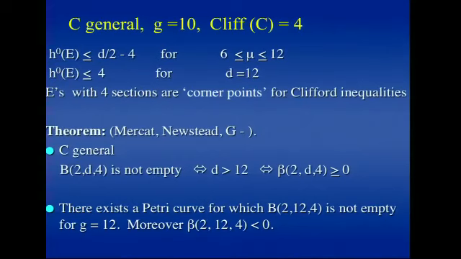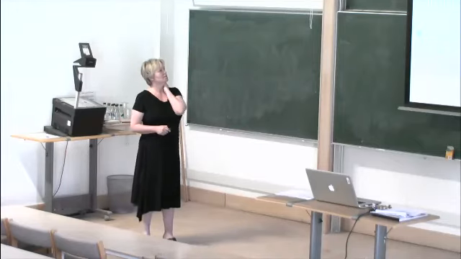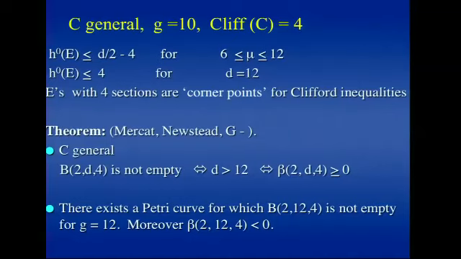Now, we resolved this problem completely. The theorem is the following. If C is general, then there are no bundles with rank 2, degree d, and 4 sections, if degree is bigger than 12, even though the expected dimension is positive.